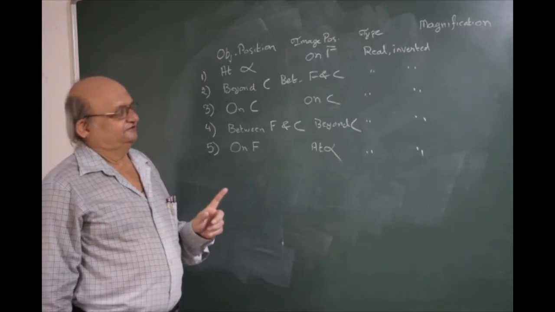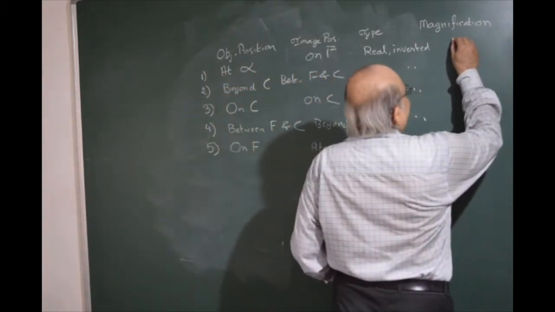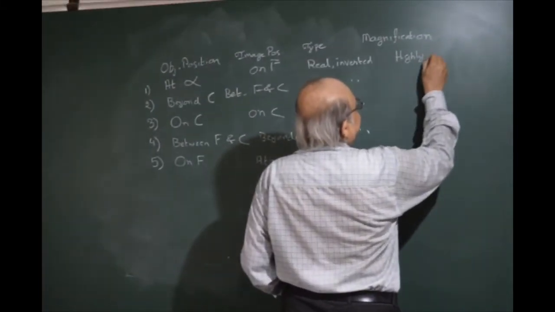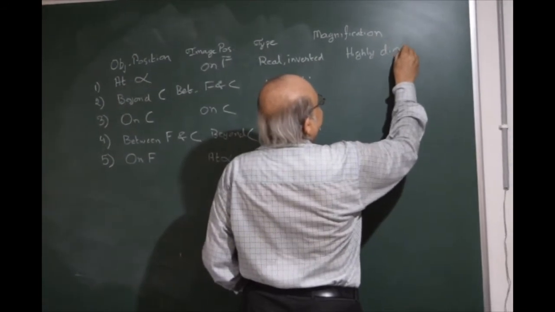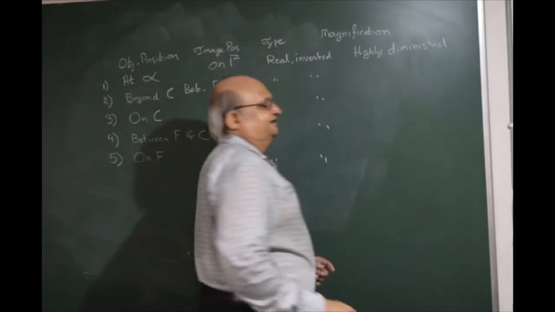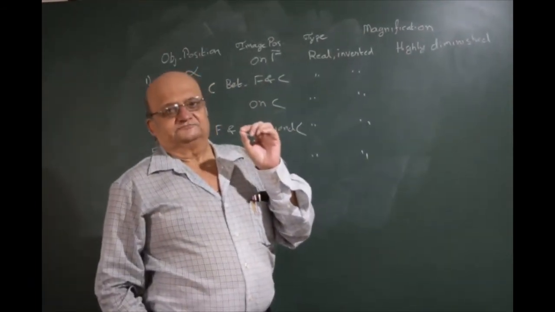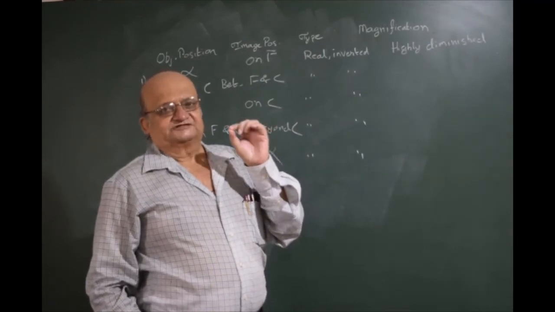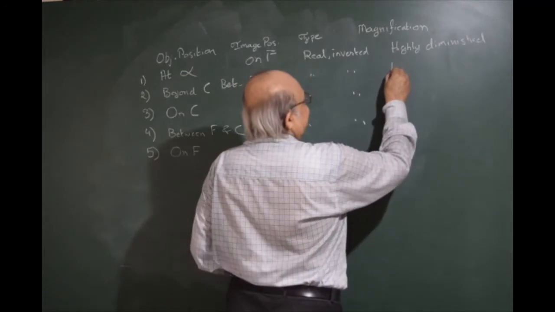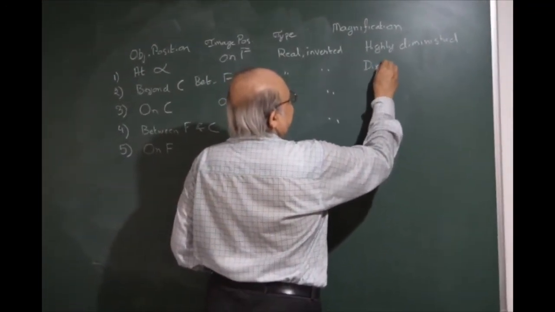However, for magnification, in the first case, it will be highly diminished. Highly diminished, it will be almost like a small point, very small image. In the second place, it will be small, but just about small.